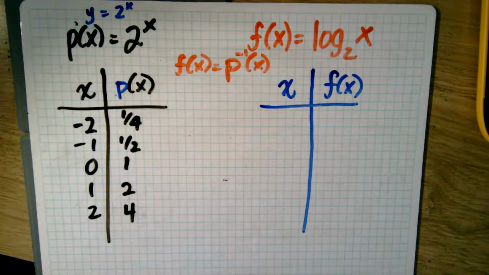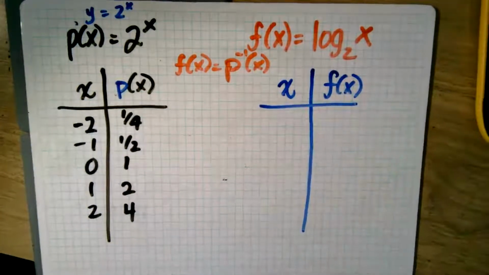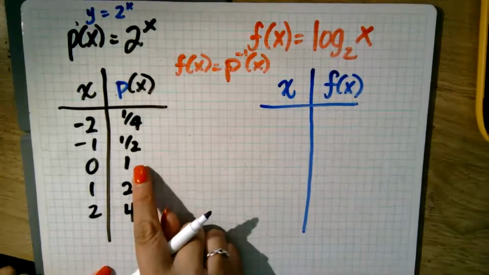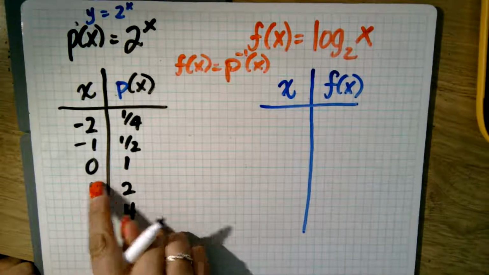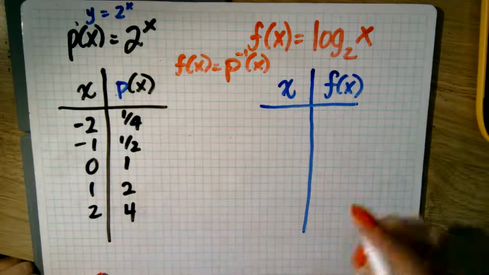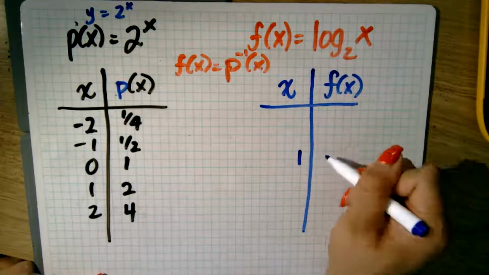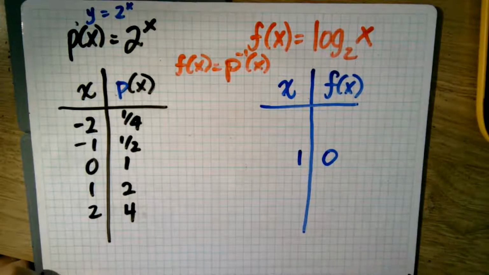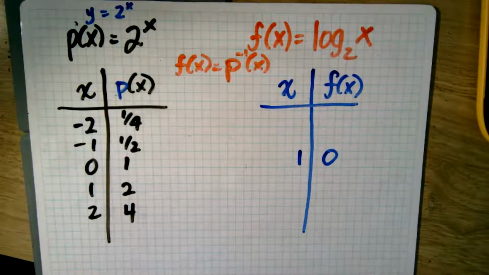Okay, let's analyze this right here, and we'll see what we get. So let's try this one right here, my anchor point. I'm supposed to have that 1 corresponds to 0. Let's see if that's true. So let's see what we get.